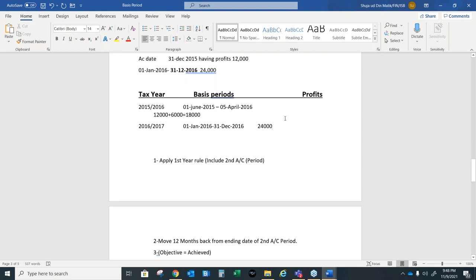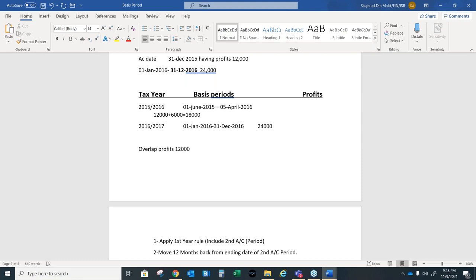So the overlap profits here will be 12,000 as mentioned.